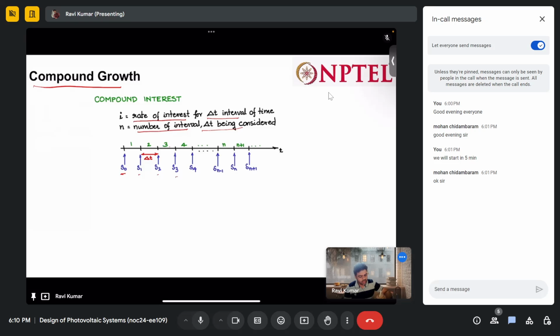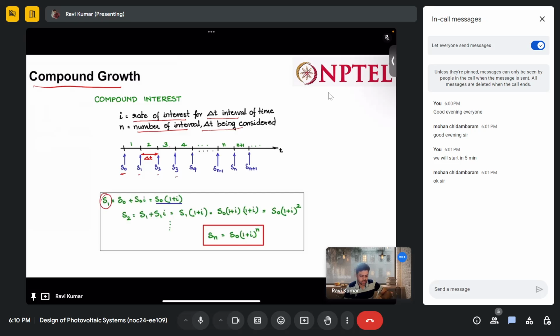In the compound growth model, S1 will be the same: S naught plus S naught into I. For S2, S naught will not be considered, because now S1 will be considered as the initial amount.